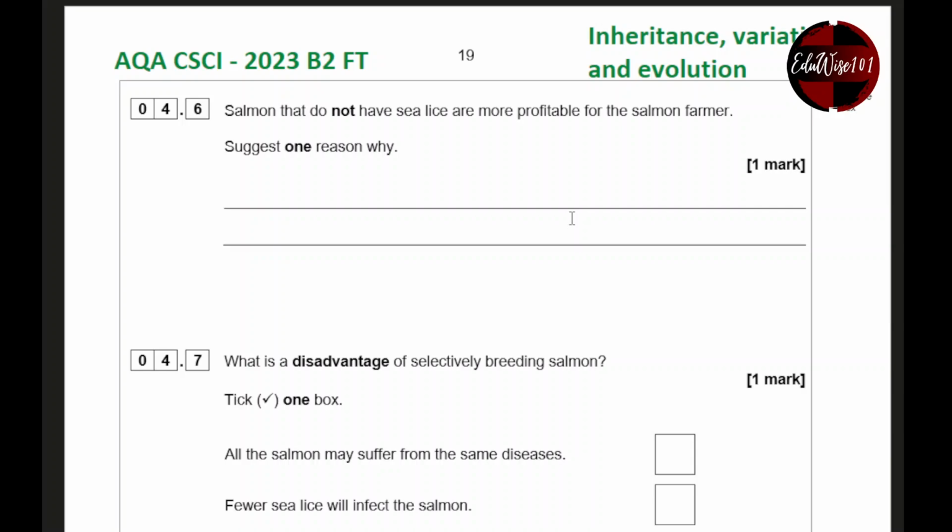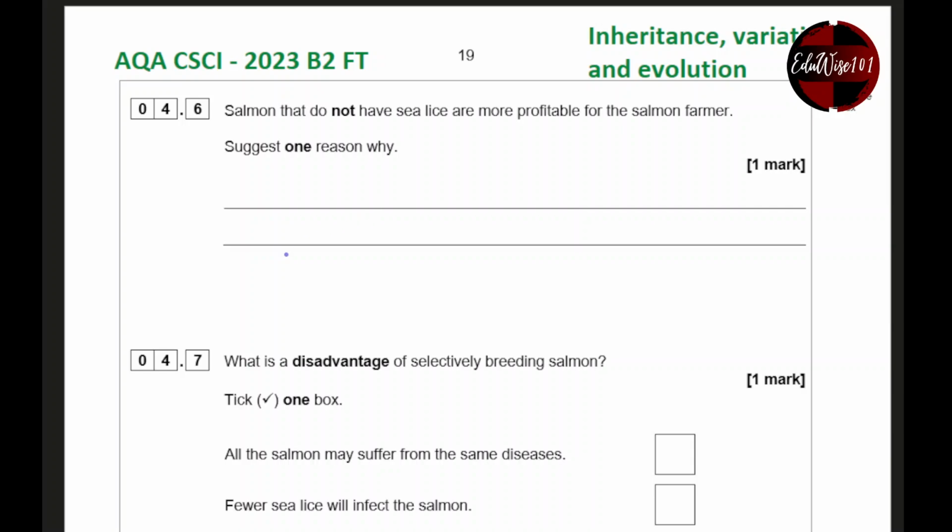Salmon that do not have sea lice are more profitable for the salmon farmer. Suggest one reason why. Well, if it doesn't have sea lice, that means the salmon are disease-free in a way, which means they're probably growing better as well, and they're probably bigger as well.